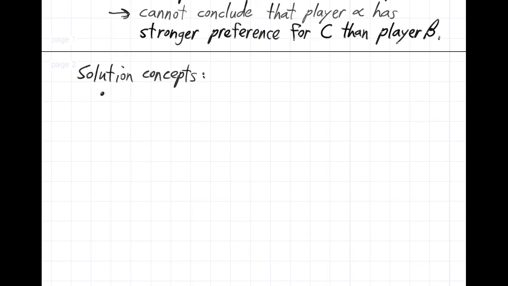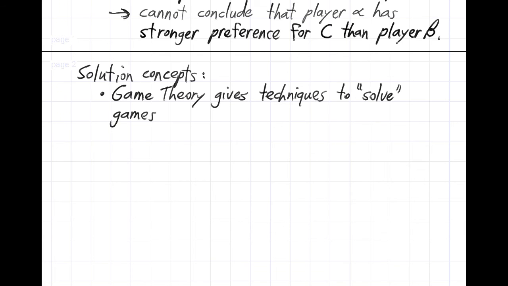So the solution concept is at the heart of what game theory is all about. Game theory gives these techniques to solve games. In other words, to predict the likely or credible results or outcomes. Now, in most mathematically oriented courses that you're going to take, you're going to be looking for the single correct solution.